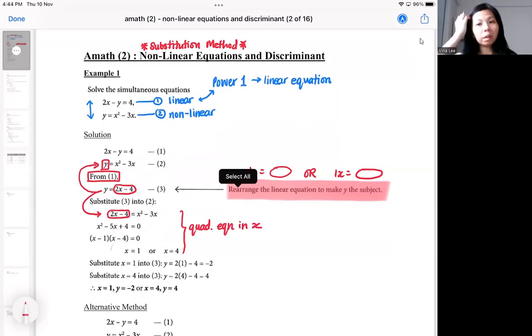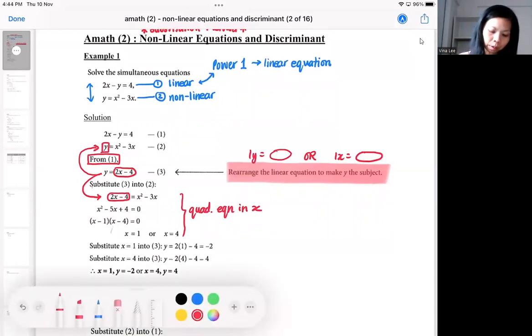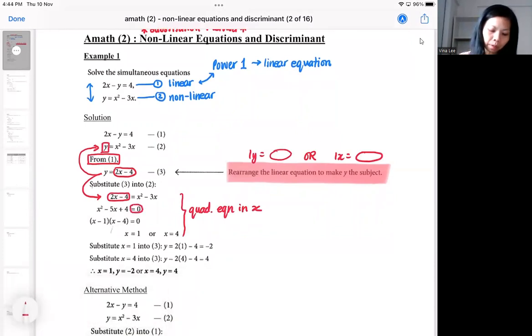Whatever you learned in your quadratic equations, what do you do? You shift everything to one side so that you have an equal to 0. You can factorize. In Sec 2, you learned to factorize, and then you do a first bracket equal to 0 and a second bracket equal to 0.